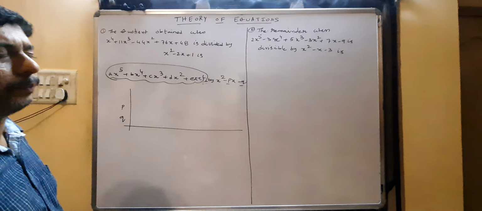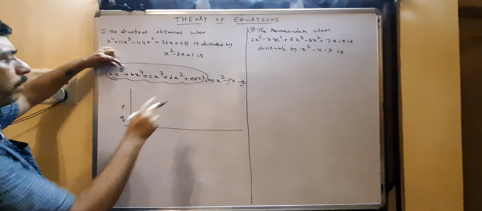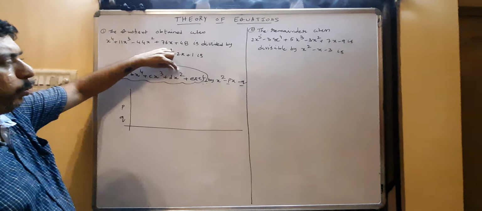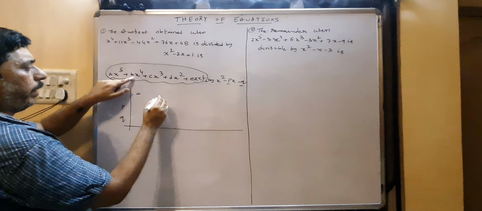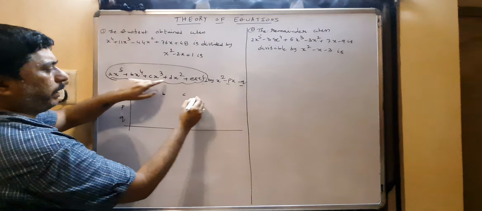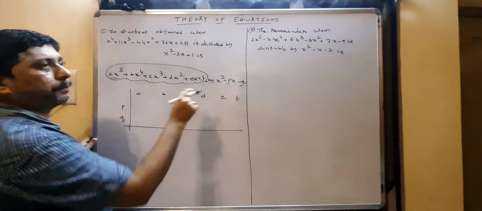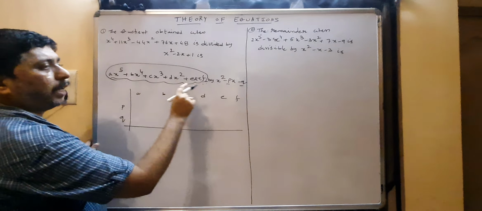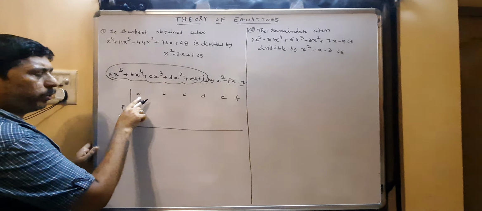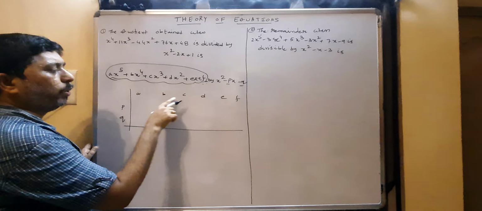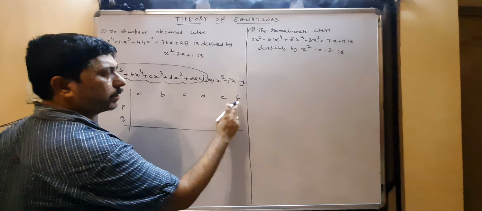The given polynomial has degree 5, so you need the terms 5, 4, 3, 2, 1 and the constant. Now you write x power 5 coefficient a, next b, next x cube coefficient c, d, e, f. In case any term is absent, in the corresponding place you put 0. So the coefficient of x power 5, x power 4, x cube, x square, x, and the constant.